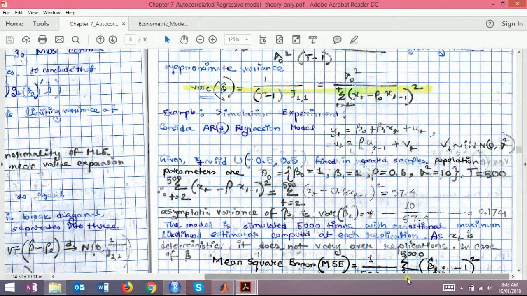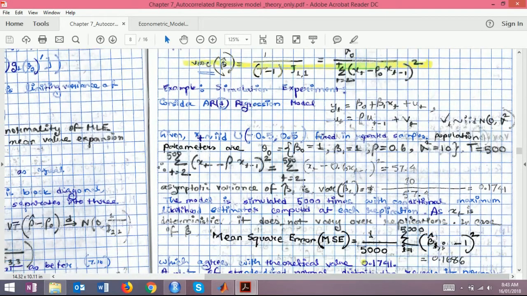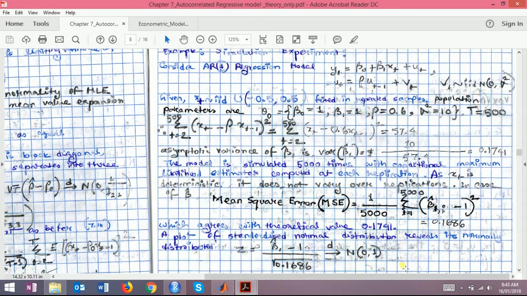Then we find the asymptotic variance from this problem, and we show that the asymptotic variance is equal to the mean squared error.